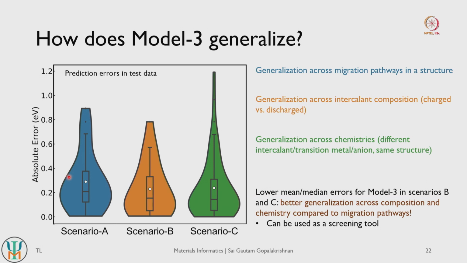So direction of motion is what the graph networks seem to find hardest to understand or generalize across. Compositions and chemistries, they seem to understand fairly well. How barriers vary with respect to compositions and chemistries, they understand better compared to directions.